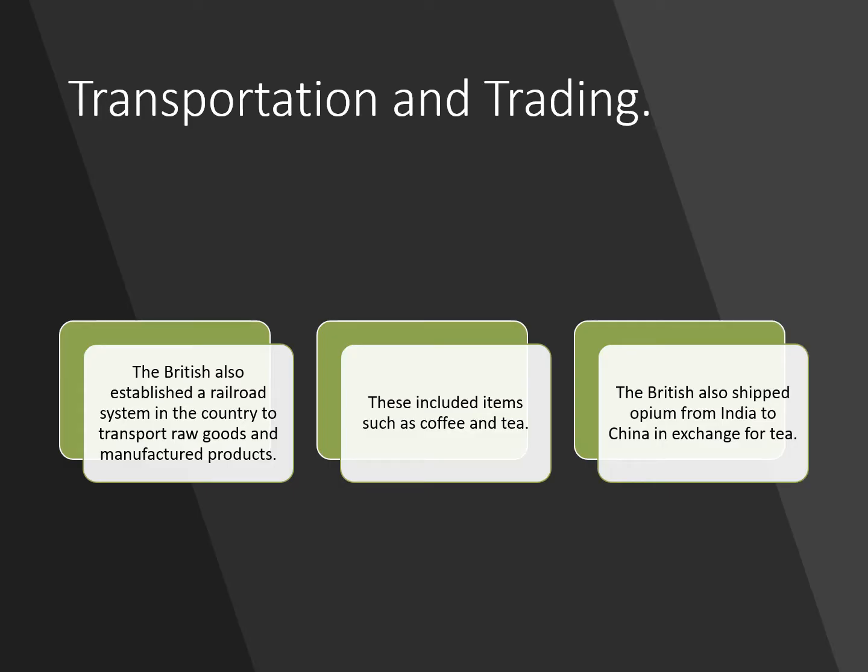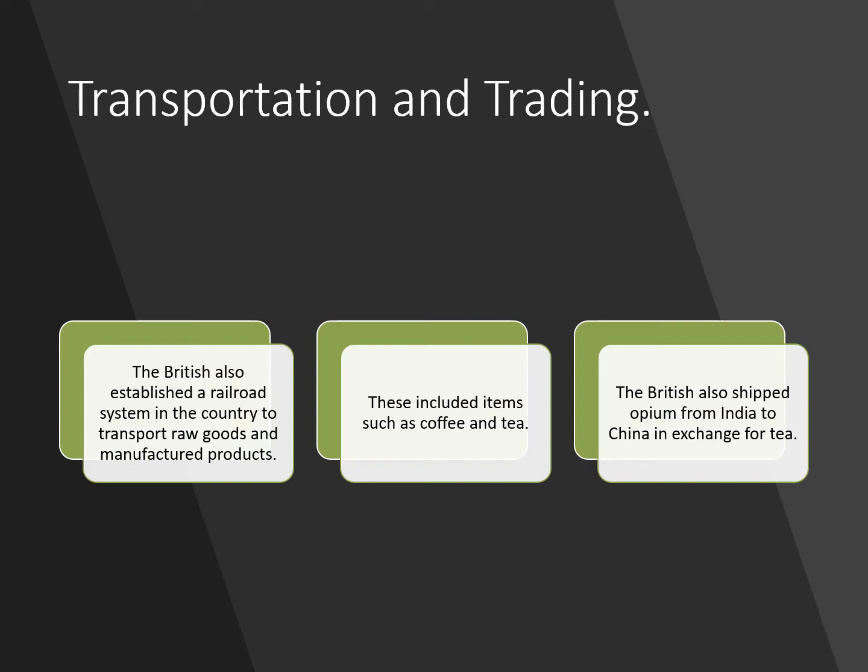Some transportation and trading facts. The British also established a railroad system in the country that could be used to transport raw goods and manufactured products. Again, these included items such as coffee and tea. And the British also shipped opium from India to China in exchange for tea. We'll talk later about the Opium War between the British and the Chinese, a huge problem later on down the road.